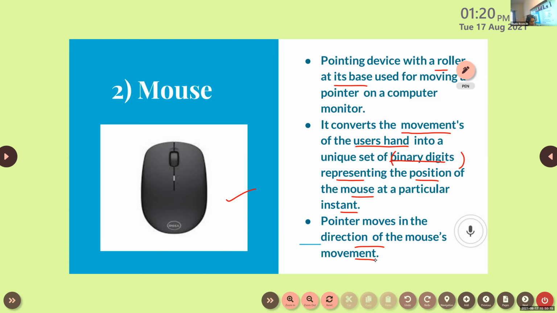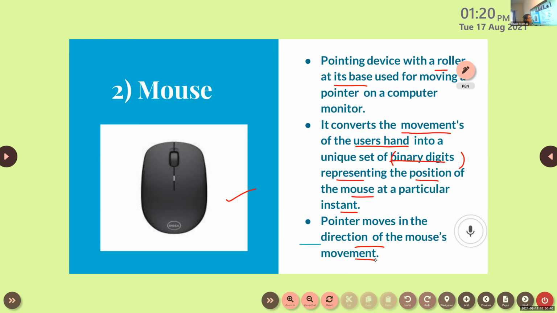So basically, a mouse is a pointing device with a roller at its base, right? It is used for moving a pointer on a computer monitor, and it converts the movements of the user's hand into a unique set of binary digits. It represents the position of the mouse at a particular instant. So basically, what is a mouse?